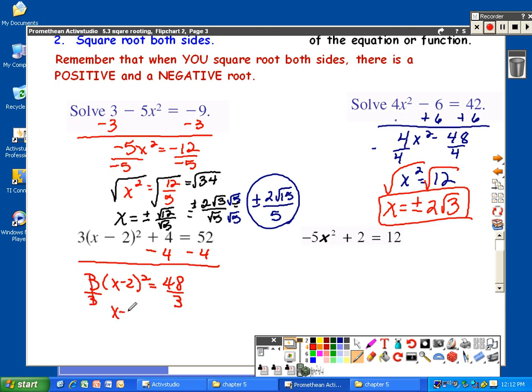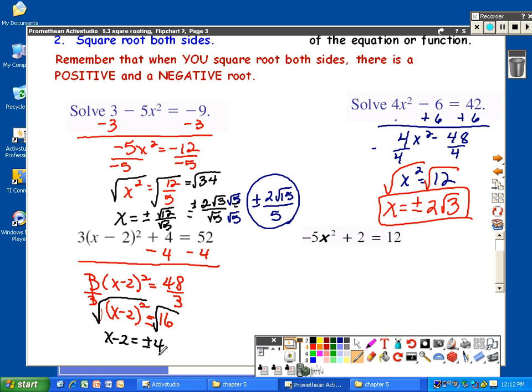(X minus 2) squared equals 16. Now I can square root. X minus 2 equals plus or minus 4.